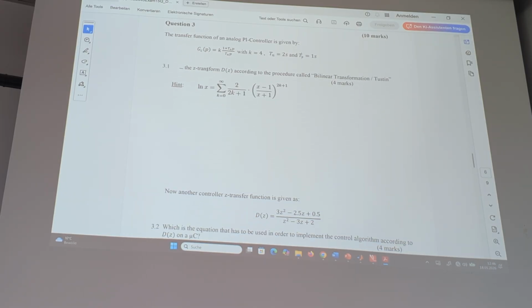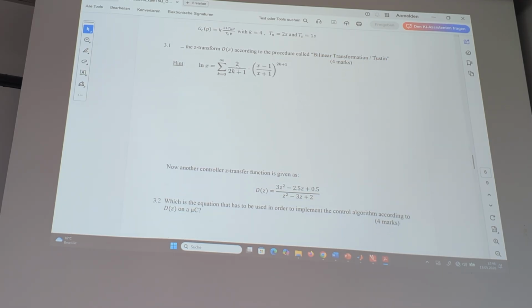Then calculate the Z transform D of Z according to the procedure called bilinear transformation, Tustin. And here is a hint, as a reminder of the infinite power series that we just discussed.